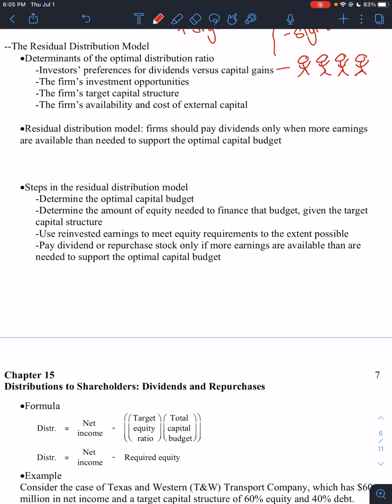Investors that are attracted to high dividend firms are going to go to high dividend firms, and investors that are attracted to high capital gains are going to go to firms that pay out low dividends and high capital gains. Okay, so that one we have no control of. But what we do have control of is the next three.